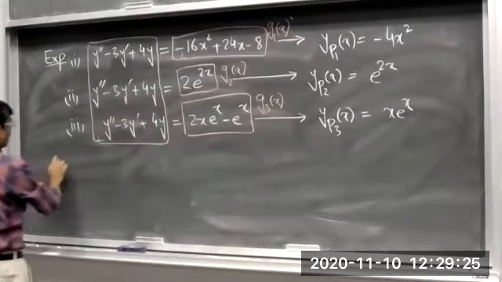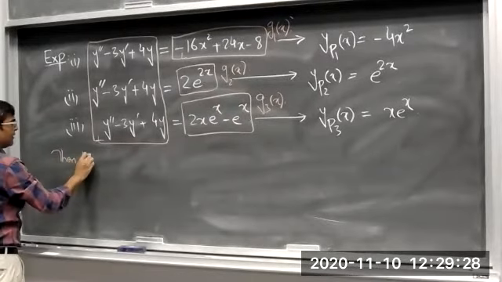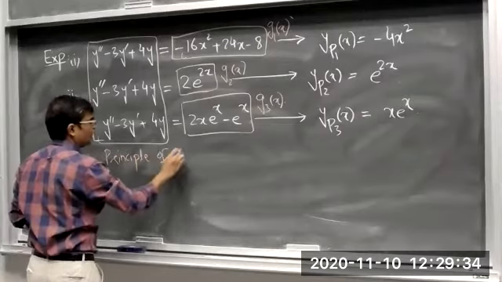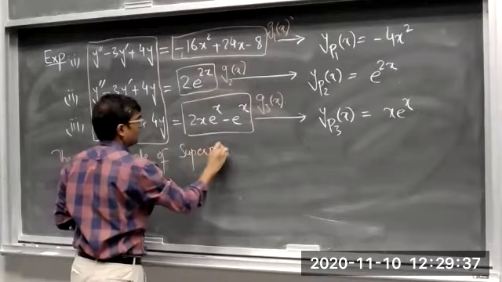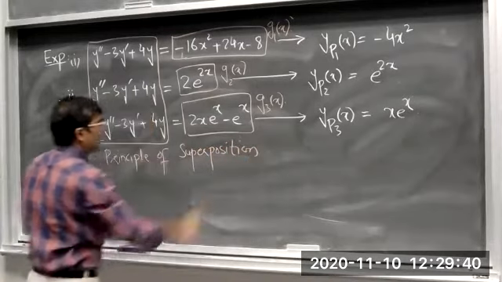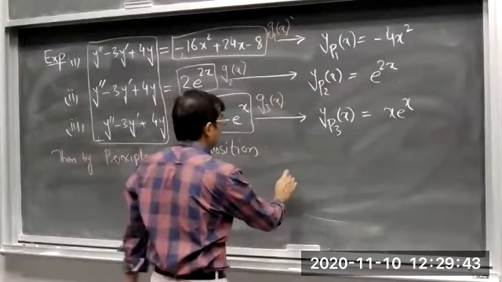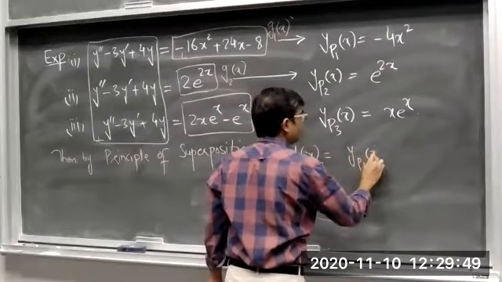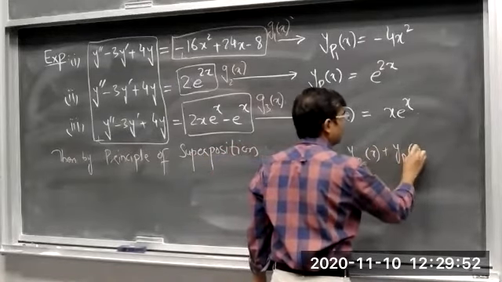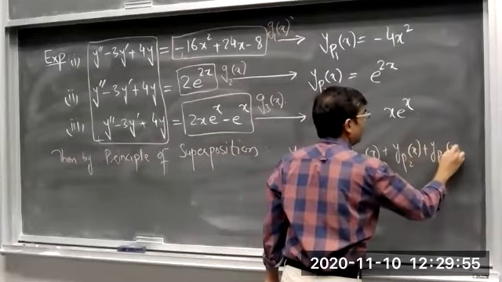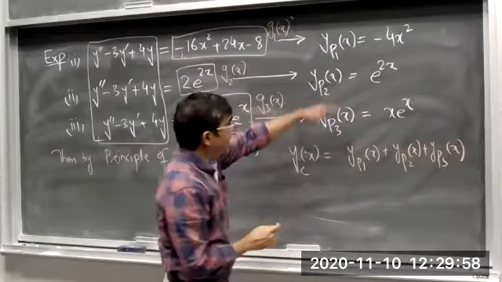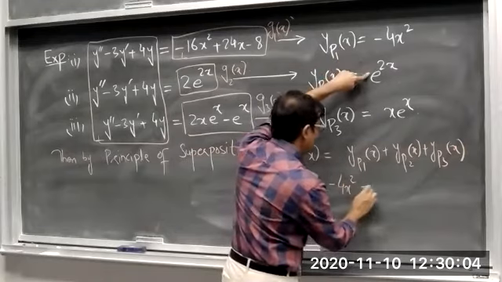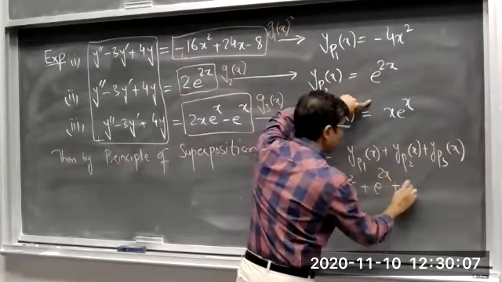Then by the principle of superposition, we can write that y_p of x is y_{p1} of x plus y_{p2} of x plus y_{p3} of x. That is, you can write the individual solutions here: minus 4x squared plus e raised to the power 2x plus x e raised to the power x.